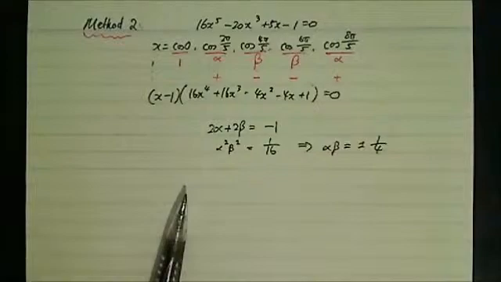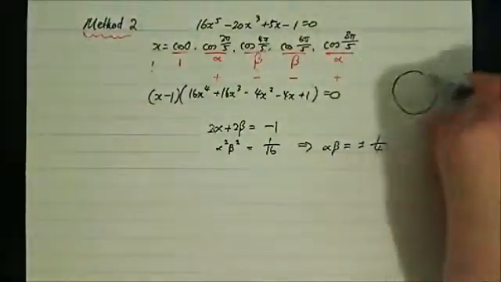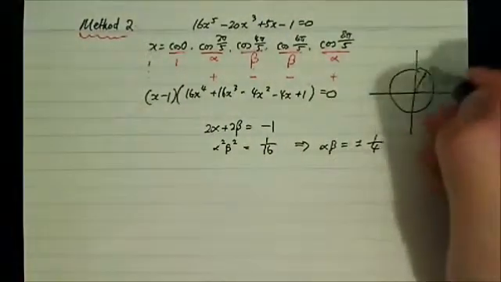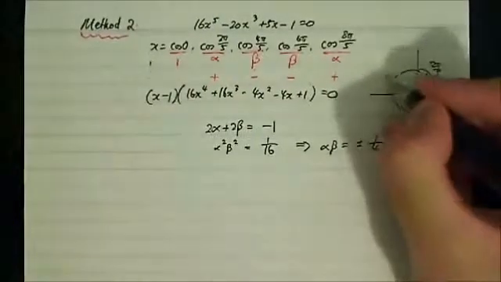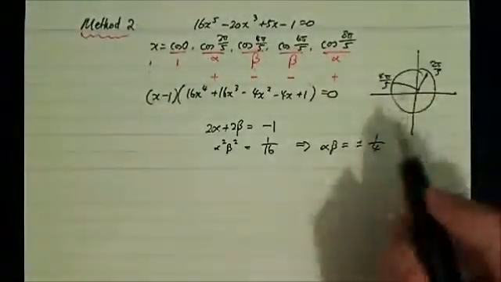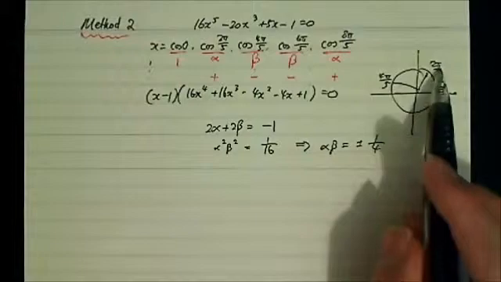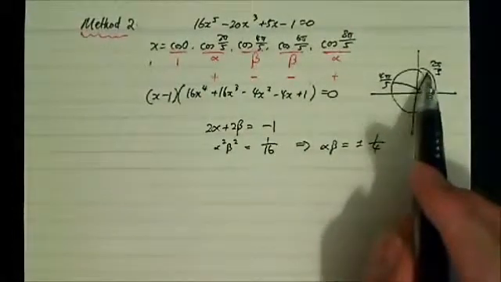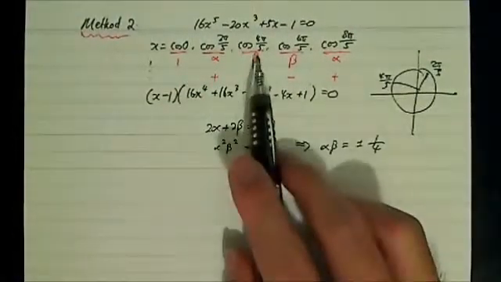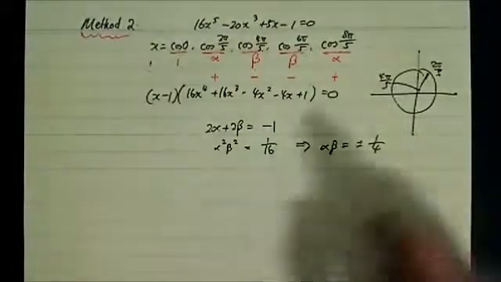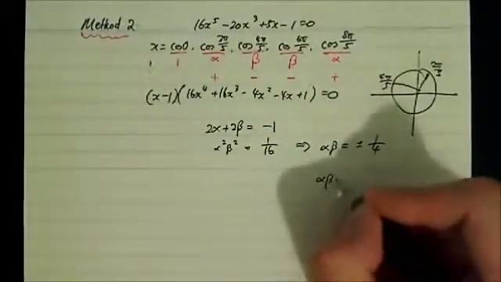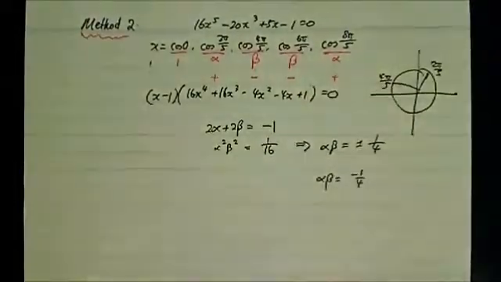Again, that comes from the unit circle. Okay, I'll draw it again. Here is 2π/5. Here is 4π/5. So that's why cos 2π/5, which is alpha, is positive, and cos 4π/5 is negative. Therefore, we can say that alpha beta equals minus 1 over 4.